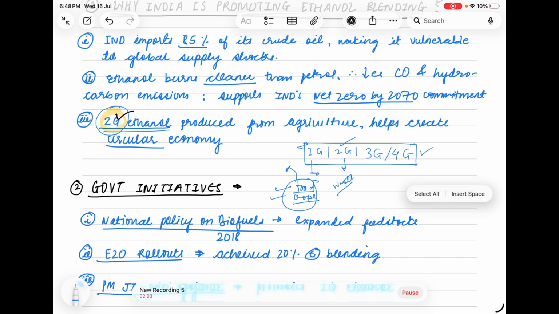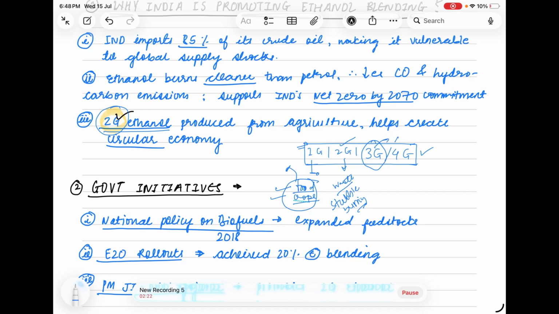The 2G ethanol is produced from agriculture waste like paddy straw, rice husk and bagasse.